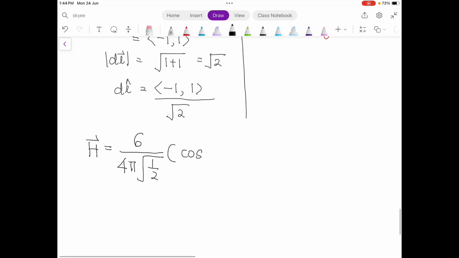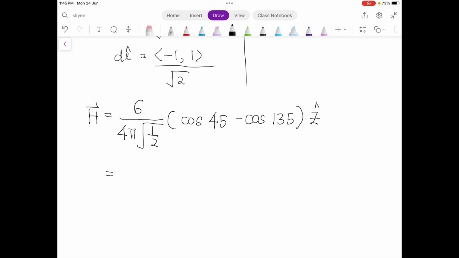Then we have cos alpha 2, that is 45, minus cos alpha 1, which is 135, and behind we have a Z. So you can calculate the answer, which is equal to 0.955 Z. This is ampere per meter.